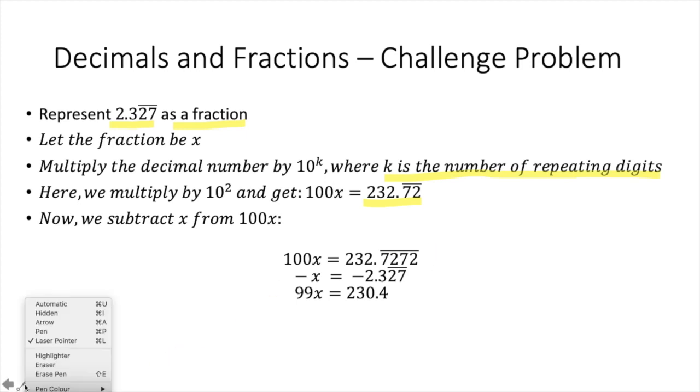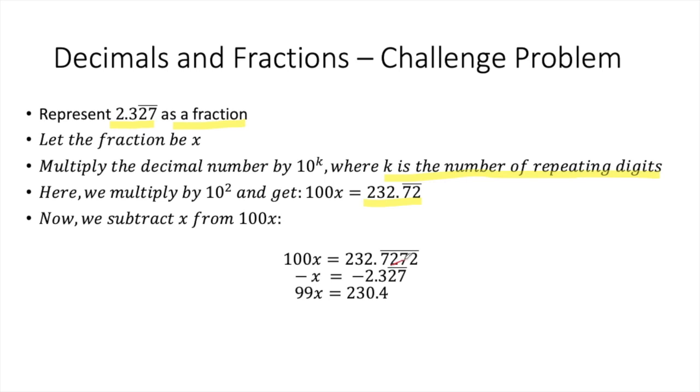So now when we subtract, we will see that from 272 onwards, in both the decimals, the entire decimal is the same. This would be 232.7272727, and here you would get 2.3272727.